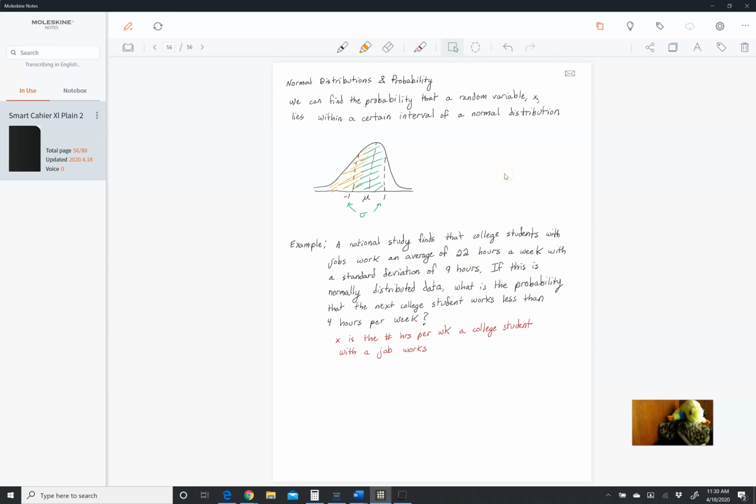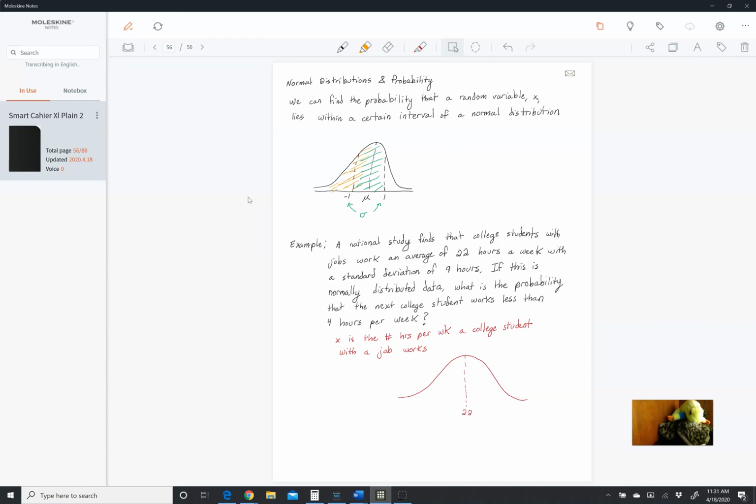And how are we going to do this? We're going to use the z-scores, because we're going to find where 4 falls on this curve, and then what's the area of the curve before 4? So here's our normal curve. We know that the mean here is 22.